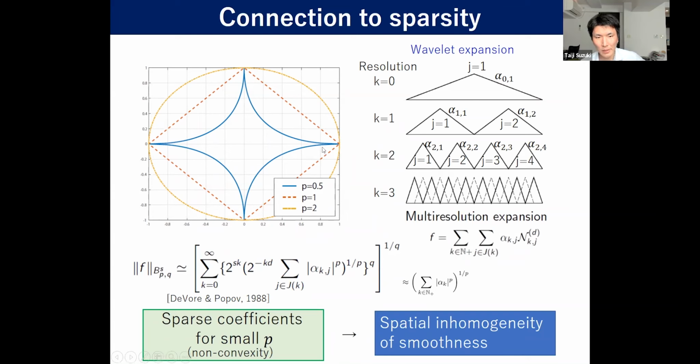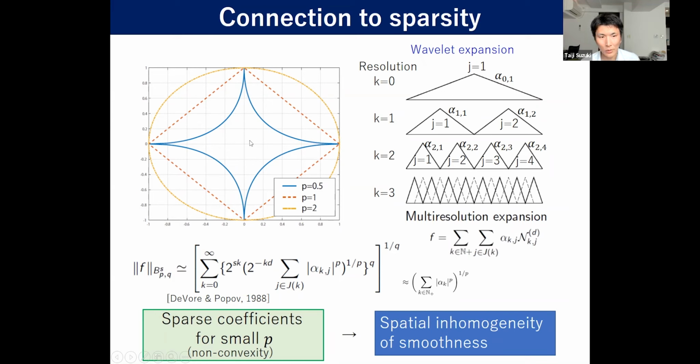For example, if p is 0.5 and alpha 1 is very large, then alpha 2 is almost 0. If p equals 2, then even if alpha 1 is here, alpha 2 can be large. Now we are assuming alpha 1 and alpha 2 are included in this unit ball. In that case, if alpha 1 is sufficiently large, then for p equals 0.5, alpha 2 is almost 0, but for p equals 2, alpha 2 is not so close to 0.